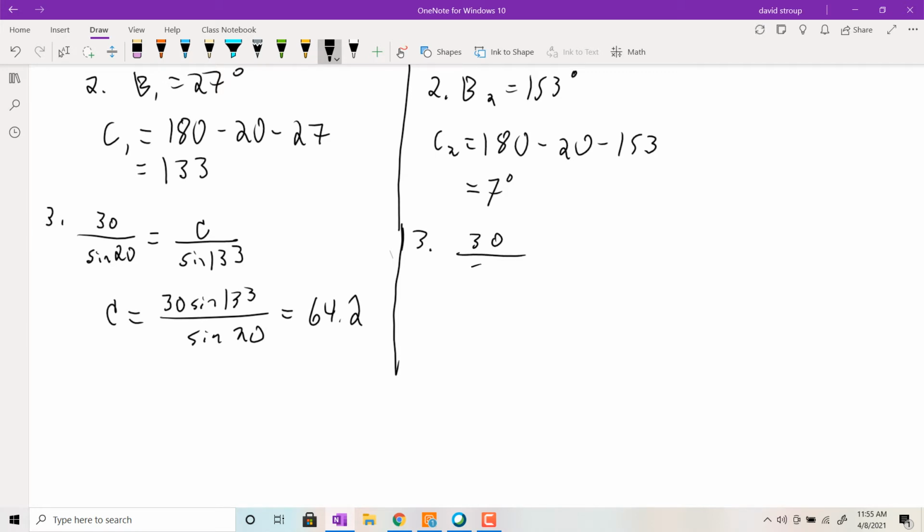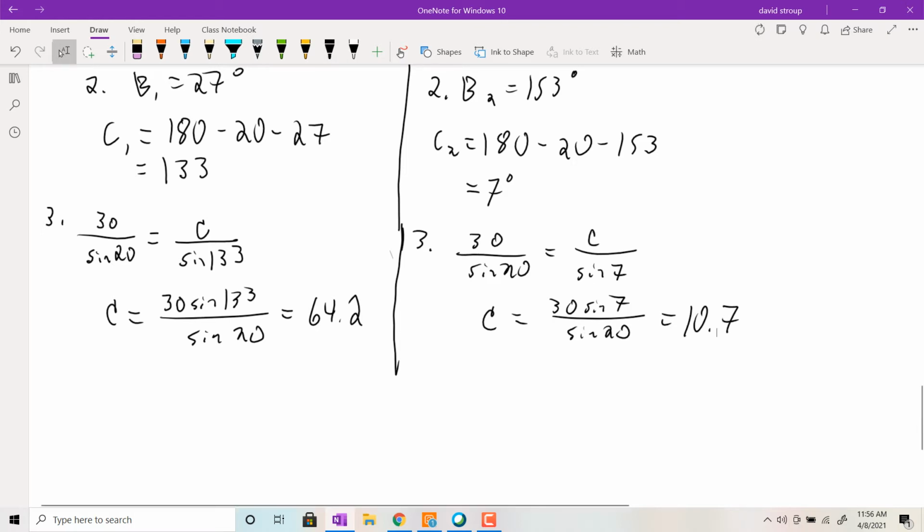So 30 all over sine 20 equals little c all over sine of 7. Solve for c. So c will be 30 sine 7 all over sine 20. Okay. Going to my calculator. Looks like I'm getting 10.7. Okay, so those are rather annoying.